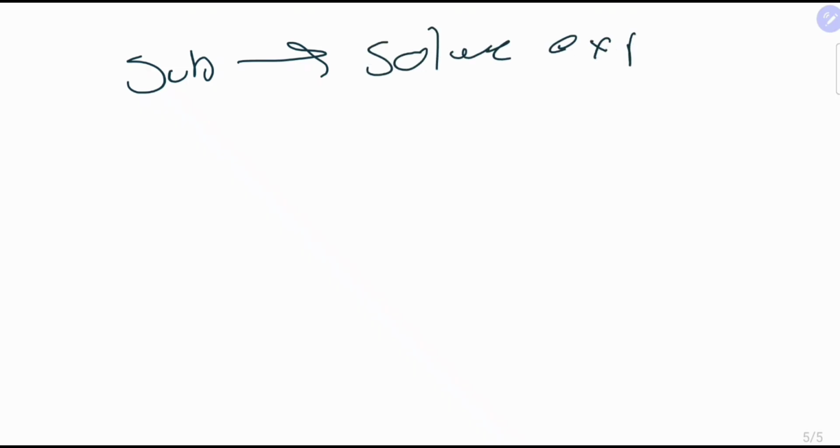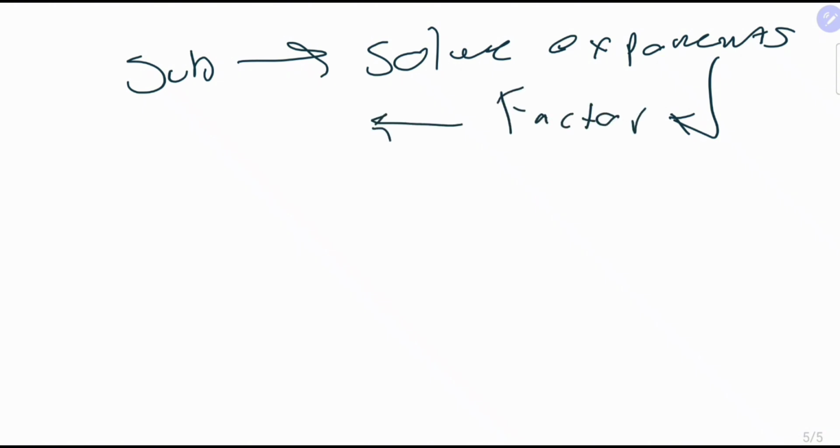The main steps you can go through in your head are: you basically sub, and then solve exponents, then I would factor, and after factoring, I would try and simplify.